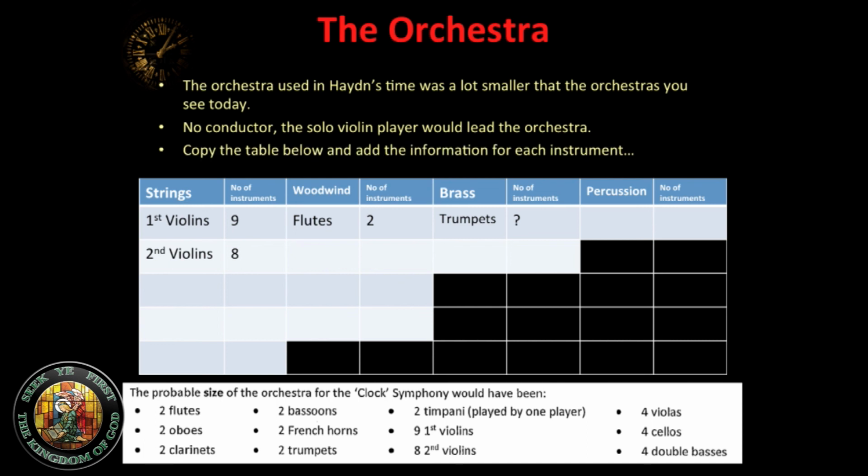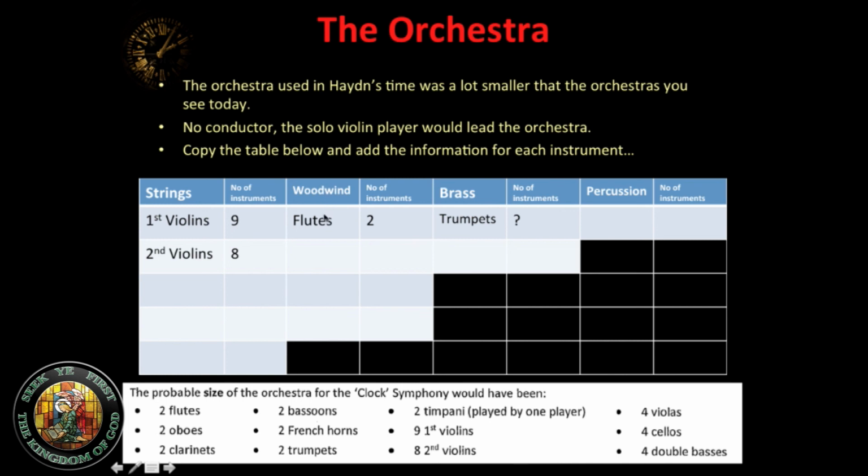Copy the table below and add the information for each instrument. For example, in the first column, the strings, we have the first violins and there's 9 of them. We have the second violins and there would be 8 of them. Then we would have the violas and the cellos, and the double basses, along with the number of those instruments.